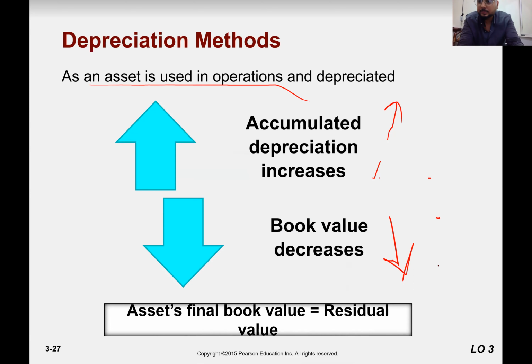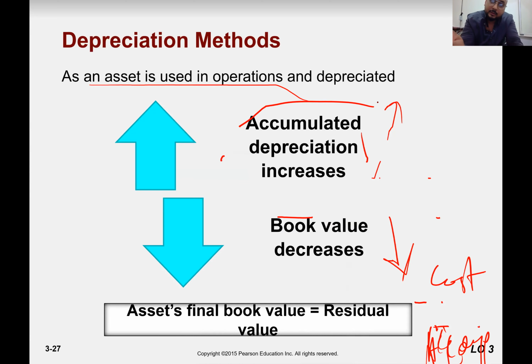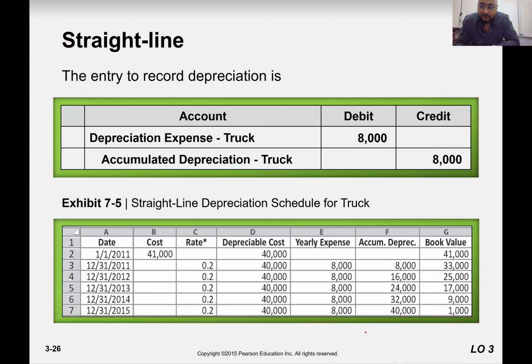Cost price minus accumulated depreciation, right? So accumulated depreciation starts rising while book value starts decreasing down to residual value. We just saw that in our previous slide, right?